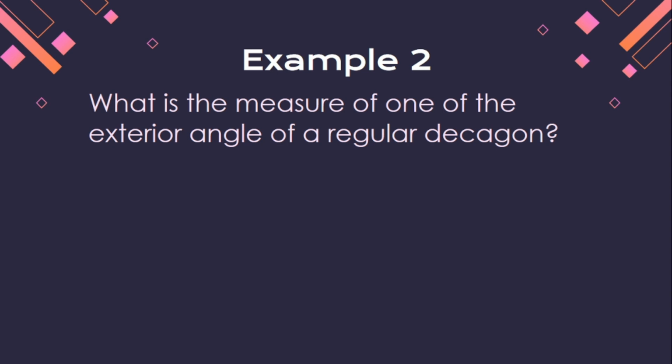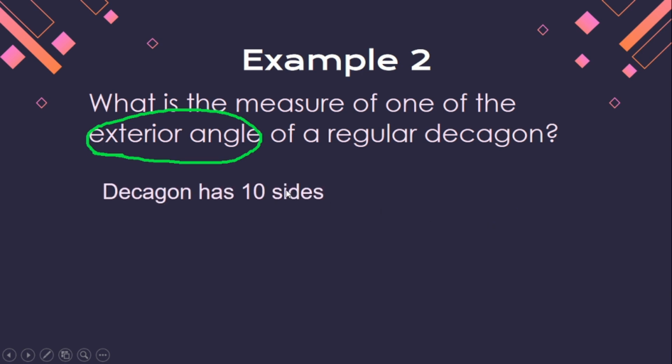Example number 2. What is the measure of one of the exterior angle of a regular decagon? Okay? So, ang tinatanong dyan, analyzing the problem, ano daw yung measurement ng isang exterior angle? Isa lang yung hinihingi ha, isa lang, of a regular decagon. Okay? So, sabi natin, ang decagon ay may 10 sides.